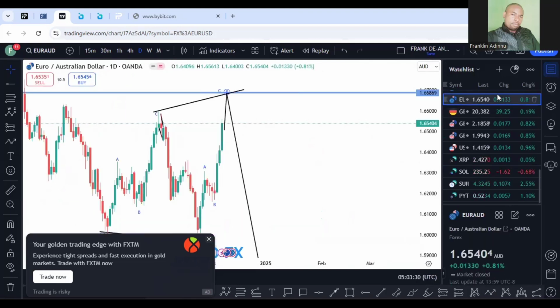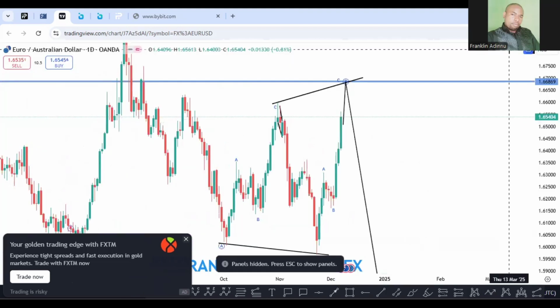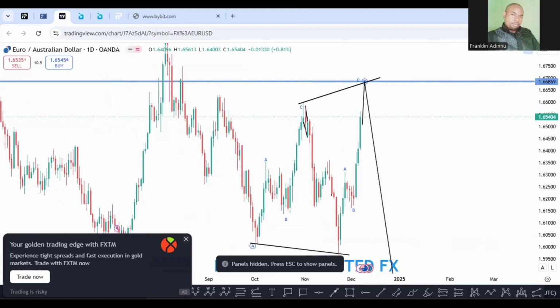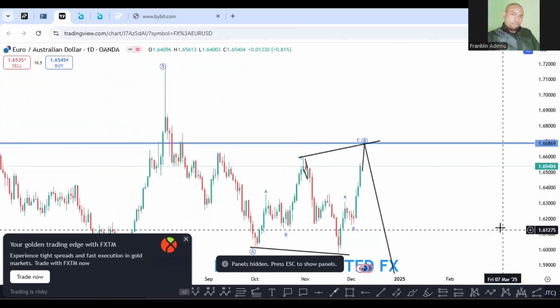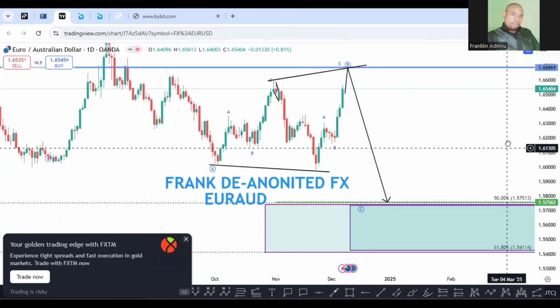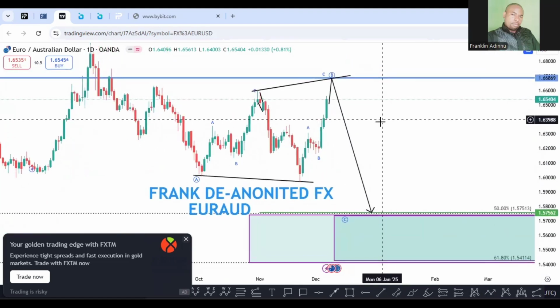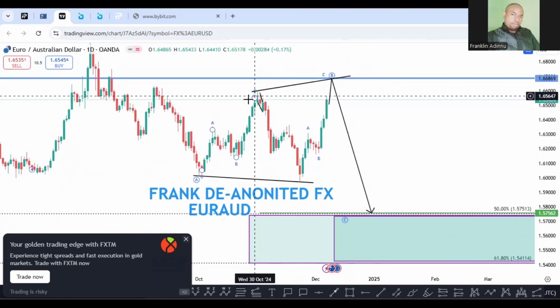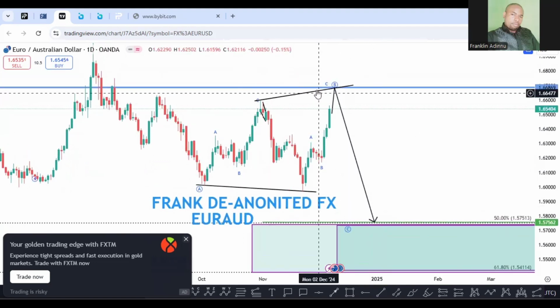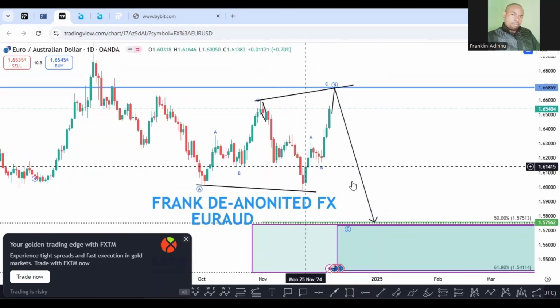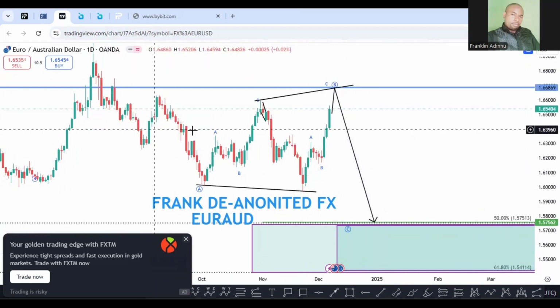So the next one is Euro Australian dollar. So what am I expecting? It has turned out that this B here has become a flat. Can you see that? This is an A, come here.